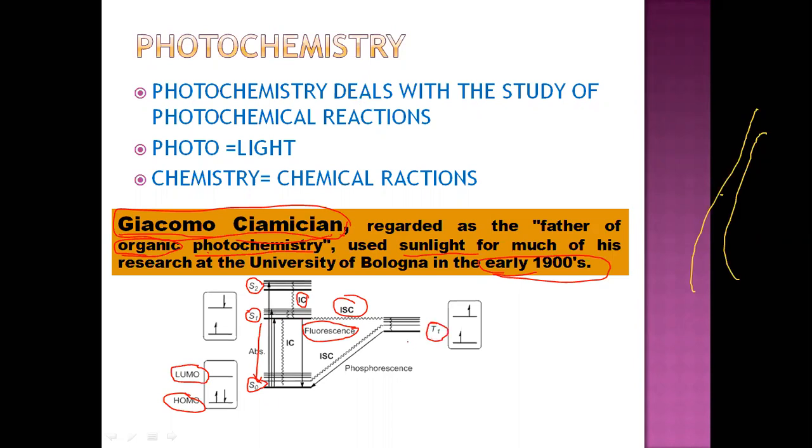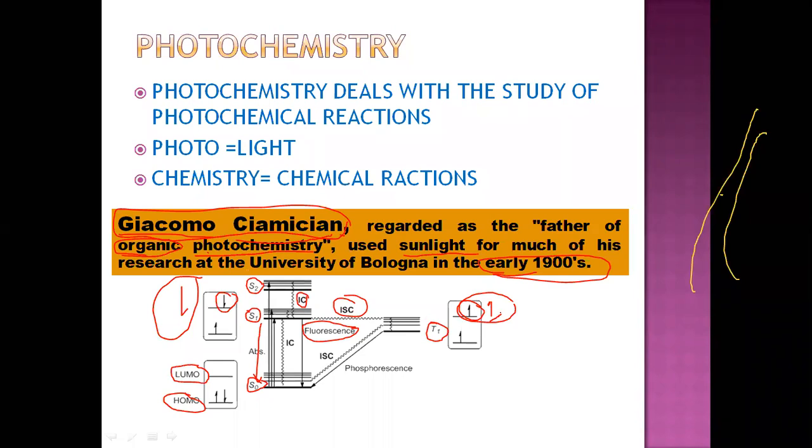Here you can see the spin of the electron is downward, and after the change the spin becomes upward. Downward spin is in the case of singlet, and upward spin is in the case of triplet. You can understand that a change in spin occurs, and due to that the singlet condition converts into the triplet condition.